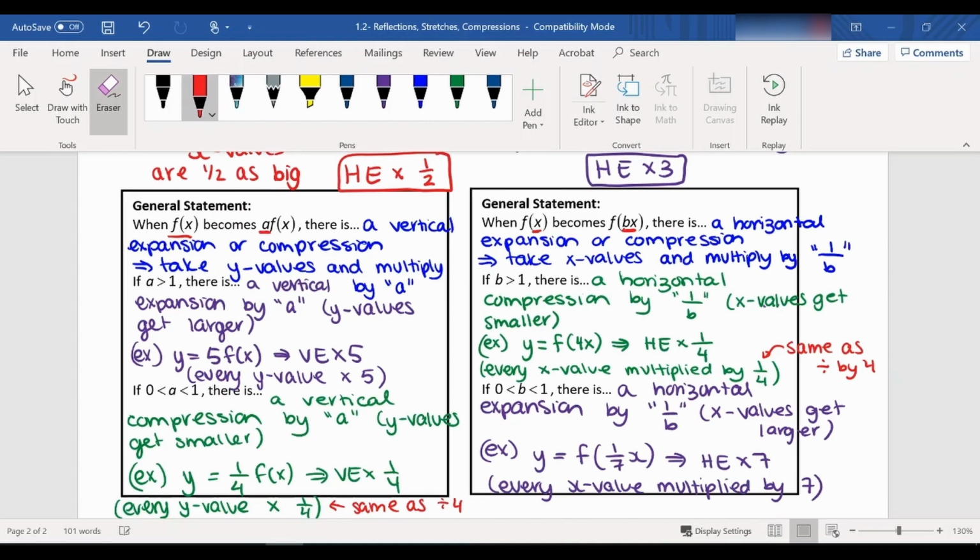So tomorrow, or for the next lesson, what we're going to be doing is taking all of these things and doing them together. So we might have to expand or compress, flip, and move left, right, up, down. For your practice questions today, you might have to do a vertical expansion at the same time you do a horizontal one.